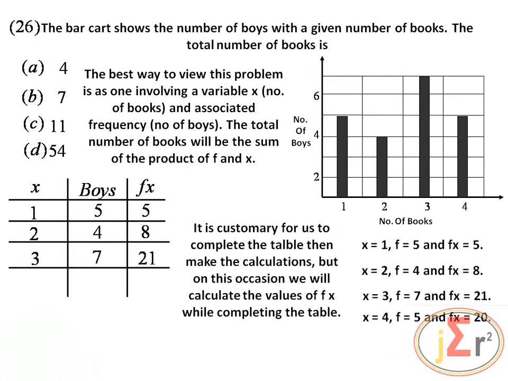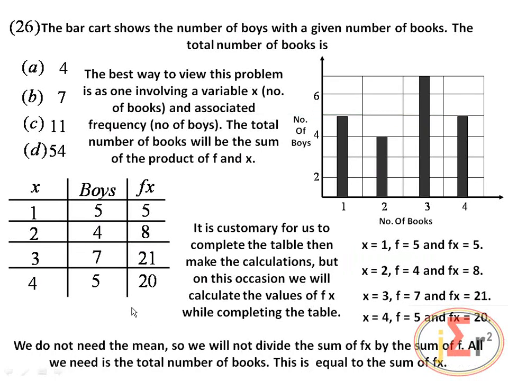And we finish up with number of books 4, and we have 5 boys each has 4 books. So the total number of books is 20.